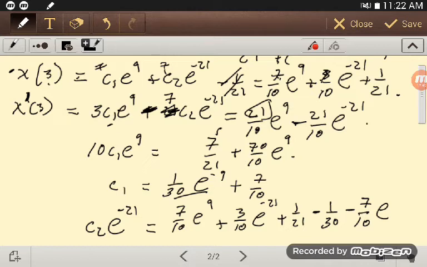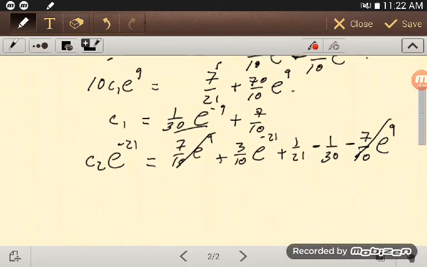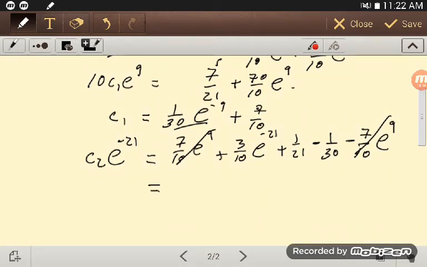Let's see, I lost my place here. So here's the C1. I've got 7 over 10 e to the 9th that I had to bring over. Okay, now that's nice in that that cancels with that.